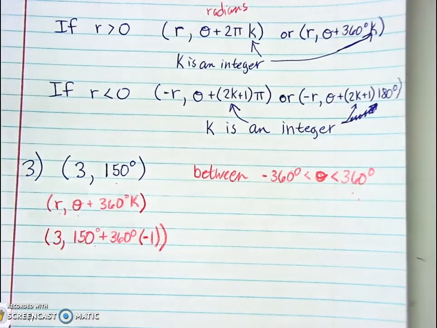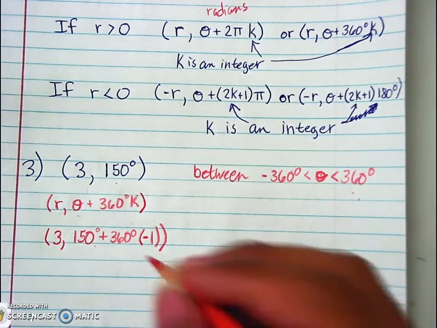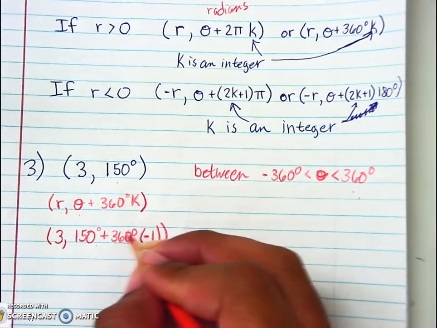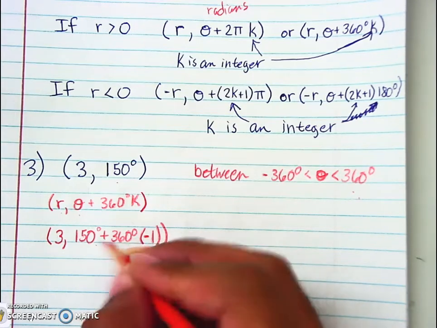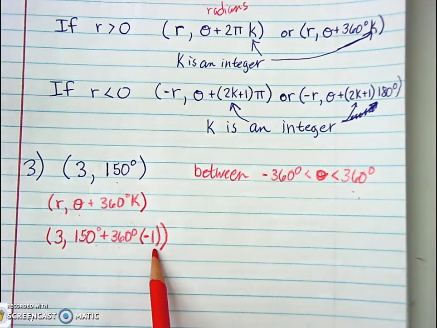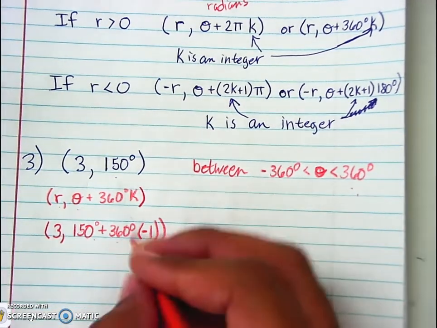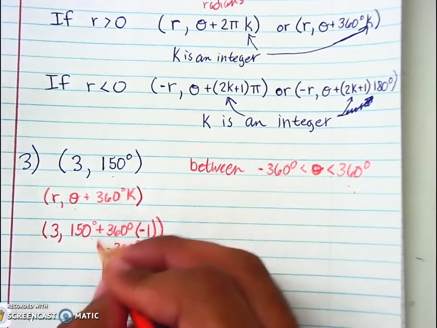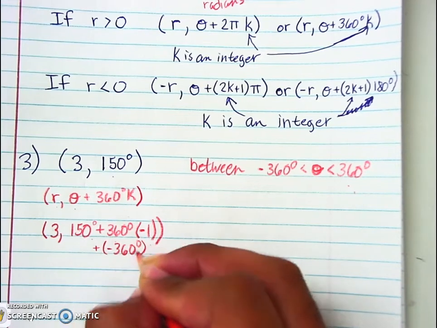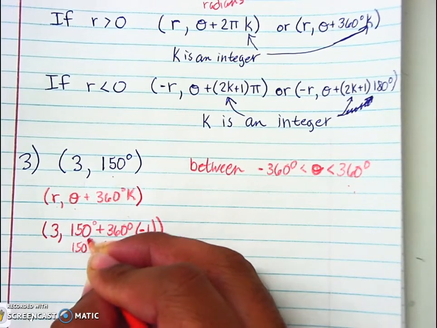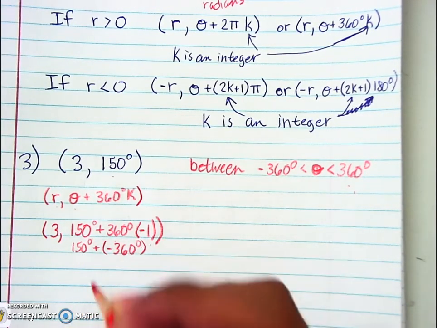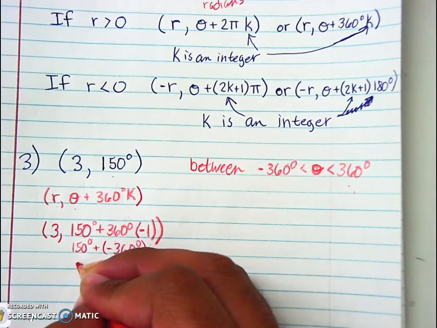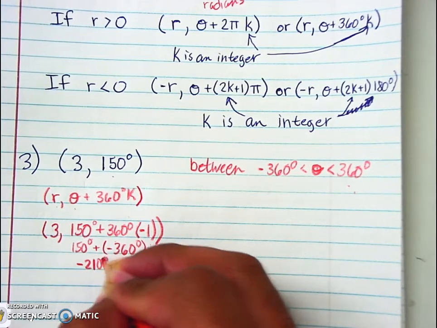If we try negative 1 there, we would do 150 minus 360, because remember, 360 times negative 1 is a negative 360. And then 150 plus a negative 360 would be negative 210 degrees.